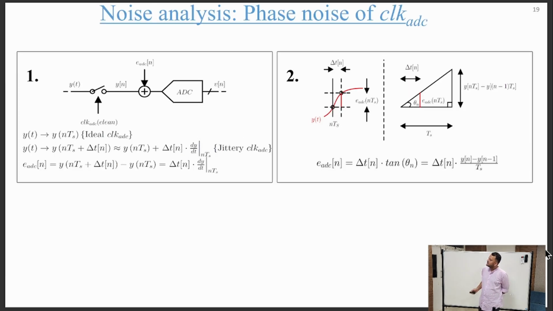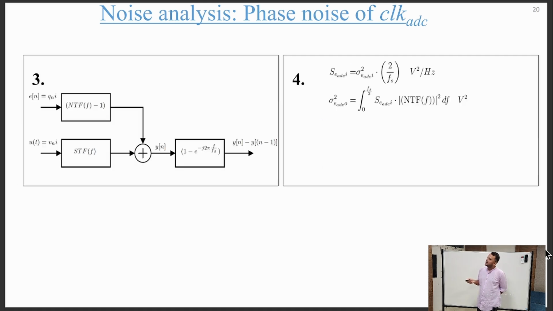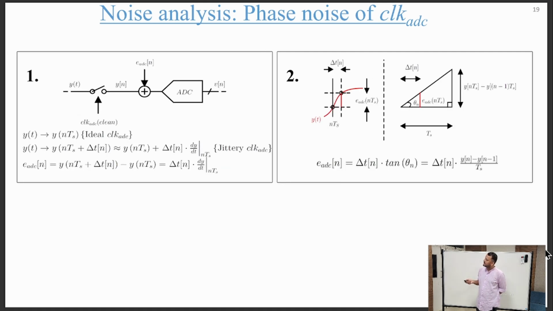And through that we get the error sequence at each instance, y[n] minus y[n-1] upon Ts. We know that at the input of the ADC, the transfer function is input times STF plus quantization noise times NTF.